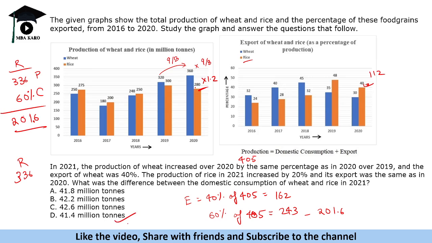So 41.4. Export was the same percentage it should be. Then it turns out to be 201.6, 60% consumption. So a calculation intensive question, because you had to calculate futuristic value in this particular question.